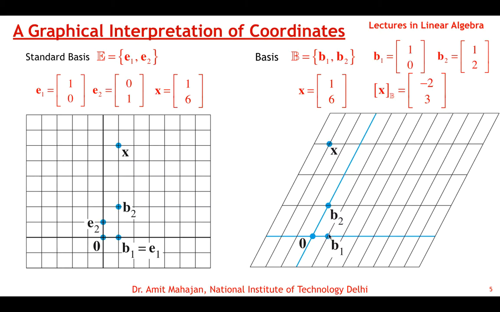So b1 is this, so -2 distance means here, and then we have to move 3 distance along b2. So b2 is upward, so -2 distance and then 3 distance upward, and we reach here (1, 6). So this is the graphical interpretation of this b coordinate of x.